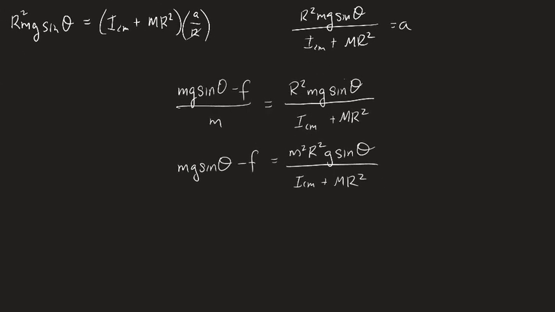Now, I'm going to just regroup it. And mg sine theta is in that term, so I'm just kind of getting it by itself. Now, I want to get friction by itself, so add it to both sides. And then I want to get this over to the other side. So subtract all of that from the other side. Ugh, this is such a mess.